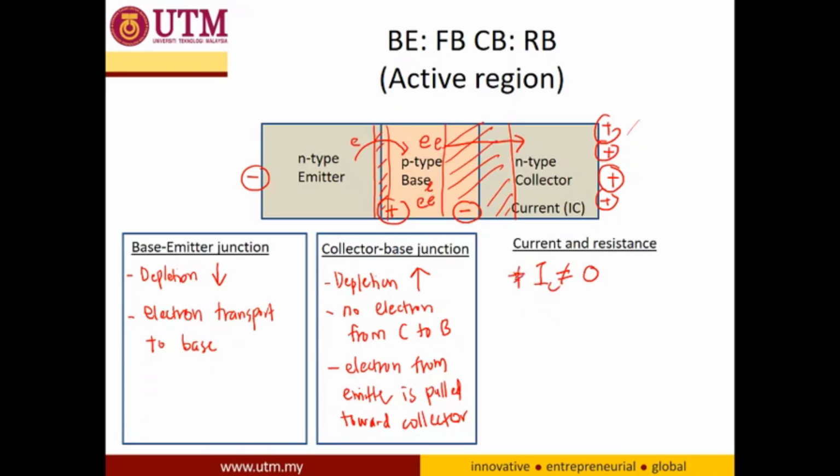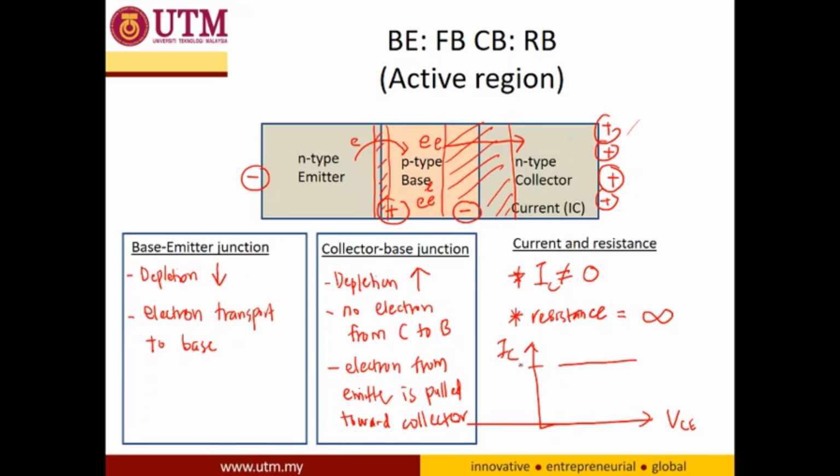And then how about the resistance? The junctions are connected in series. You see the collector base is reverse biased, so it is like an open circuit and the resistance is quite high. So this should be a high AC resistance. The plot is, this is IC, this is VCE, and the plot will be something like this.